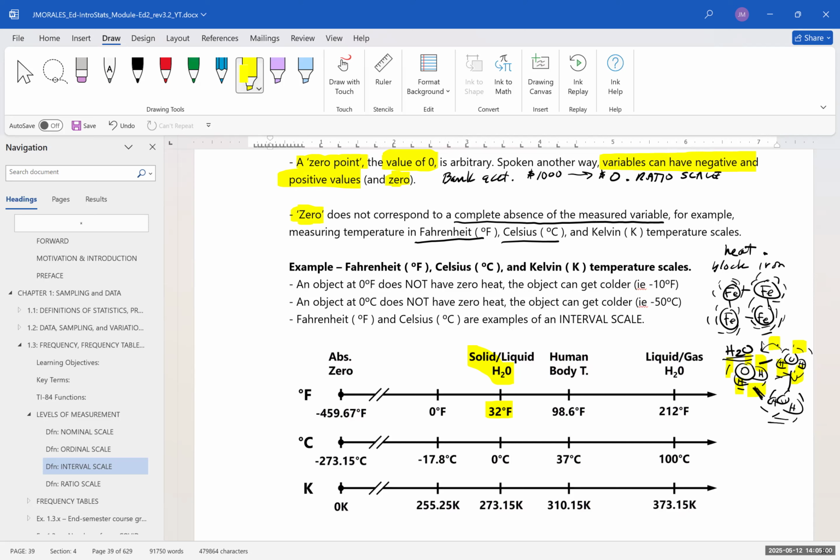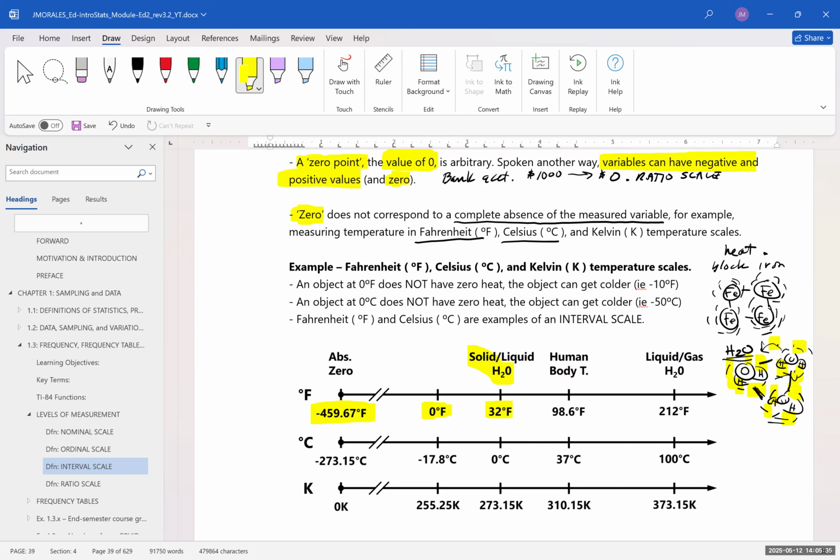So you could get solid ice colder than 32 degrees, even 0 degrees Fahrenheit, in which case the molecules are just vibrating less in their spots. And you could keep making it colder and colder, as low as negative 459.67 degrees Fahrenheit.